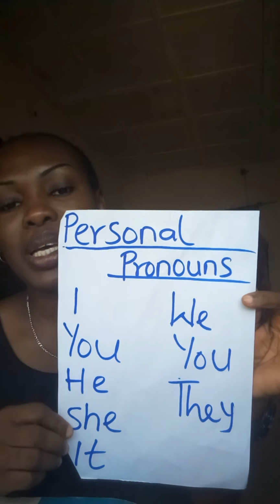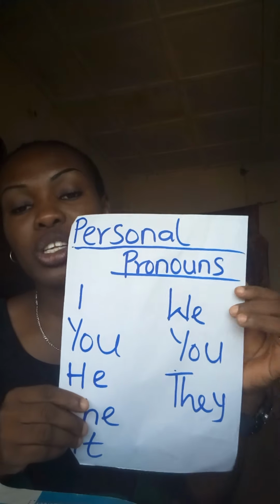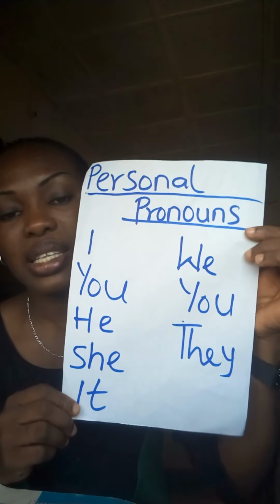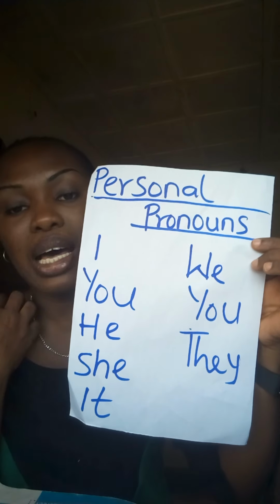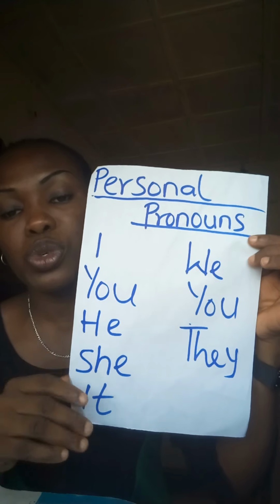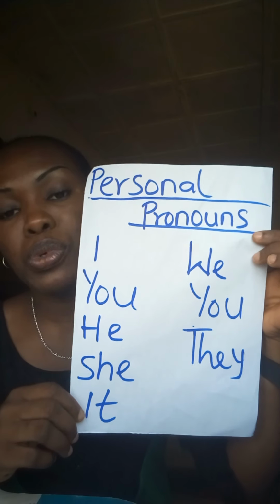Now, for the benefit of this lesson, all the pronouns I'm going to use as an example are going to come from this type of pronoun called personal pronouns. I'm not going to lay emphasis on the meaning of personal pronouns, but I just want you to know that these 8 pronouns are known as personal pronouns, and they are the ones I'm going to be using for our examples today.